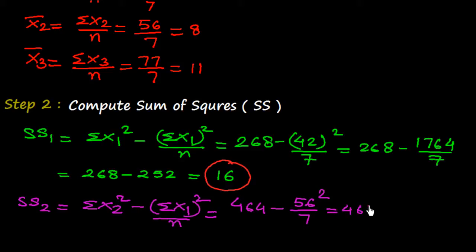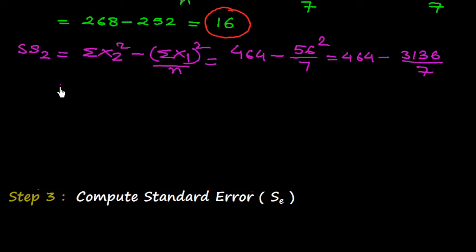So we get here 464 minus the square of 56, which is 3136, over 7. If we divide 3136 by 7, we get 448. If we subtract 448 from 464, we get here 16. So we have got 16 now.